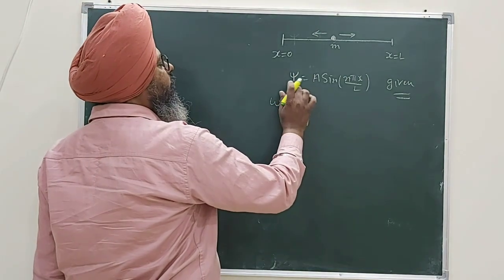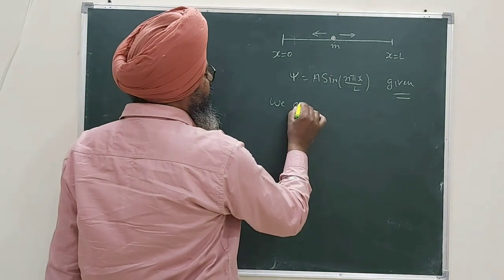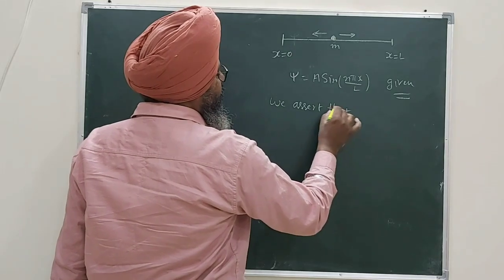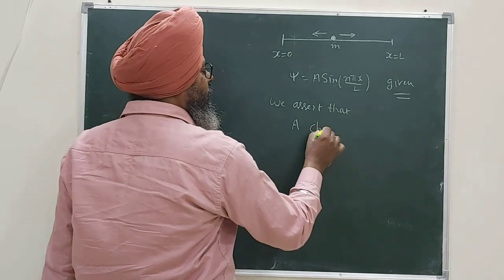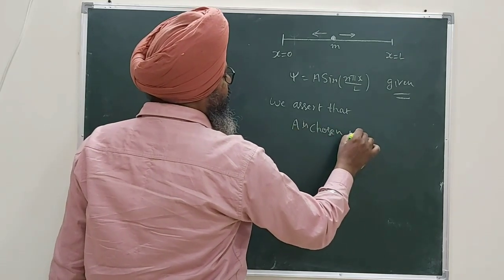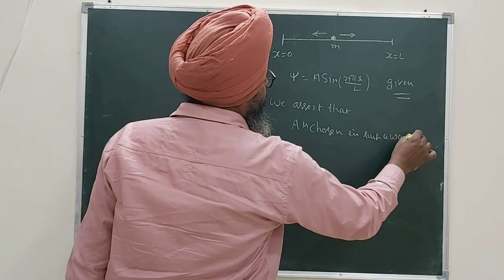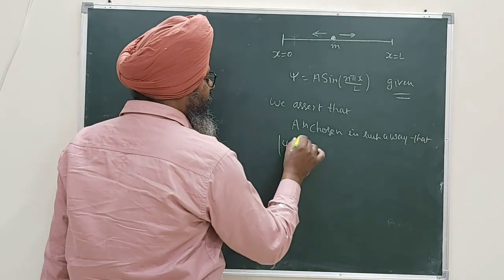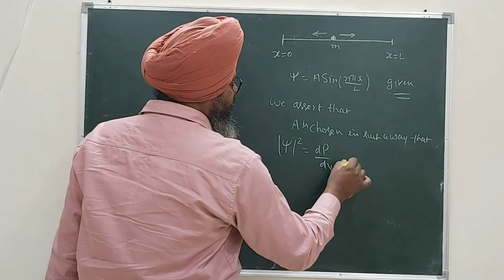and we want to convert this wave function into a normalized wave function. We assert that a is chosen in such a way that psi magnitude square is equal to dp by dv exactly.